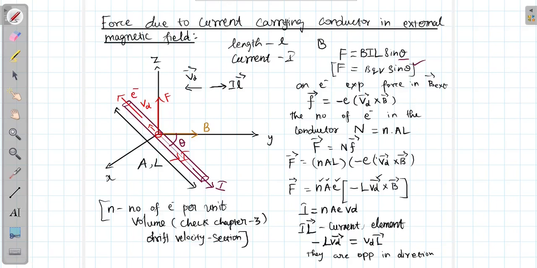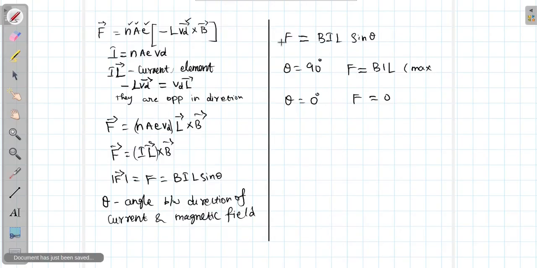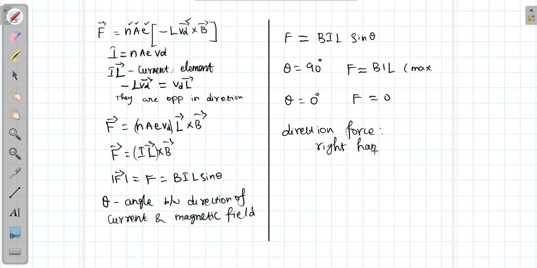See, this application is used hereafter. Whenever a current carrying conductor is placed in an external magnetic field, it experiences force. The direction of force is found using the right hand rule for the vectors.